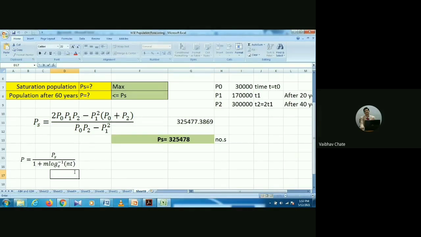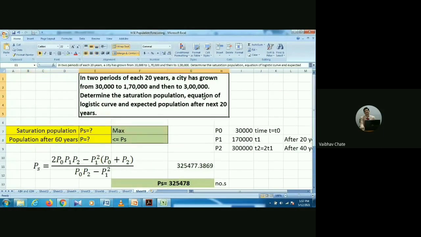In this particular case, since the population is asked after 60 years, how have we got 60 years? Read the problem once again. In two periods of each 20 years, that is 0 to 20 and 20 to 40, the difference is 20 years.